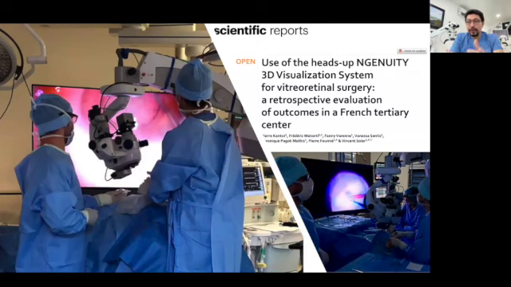The neurosurgeons were already using 3D microscopy because of the depth of field. The depth of field is quite important for them because they are working in structures that are smaller than the structures that we are working on.